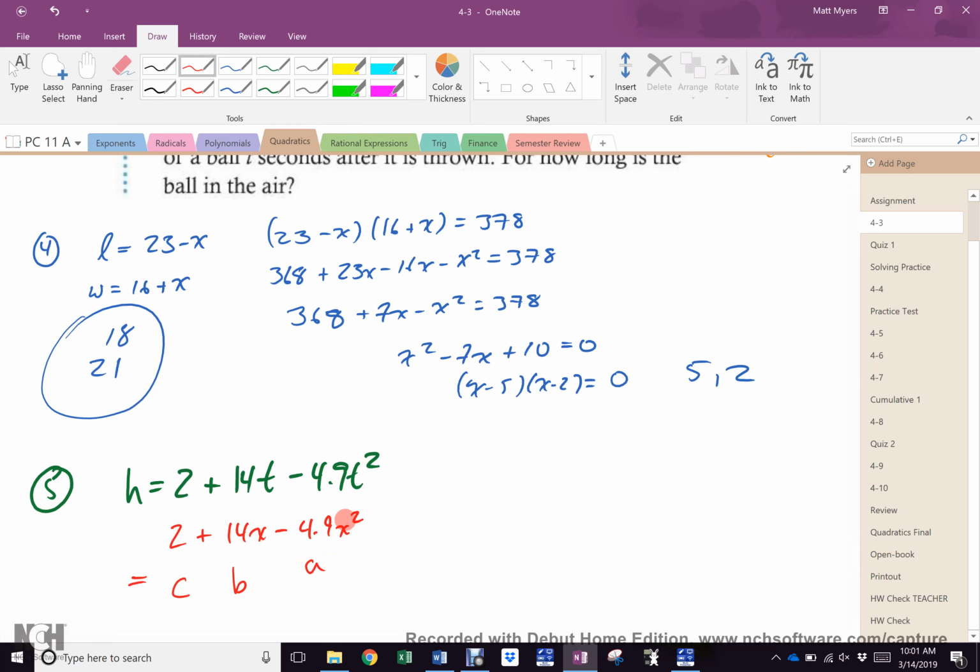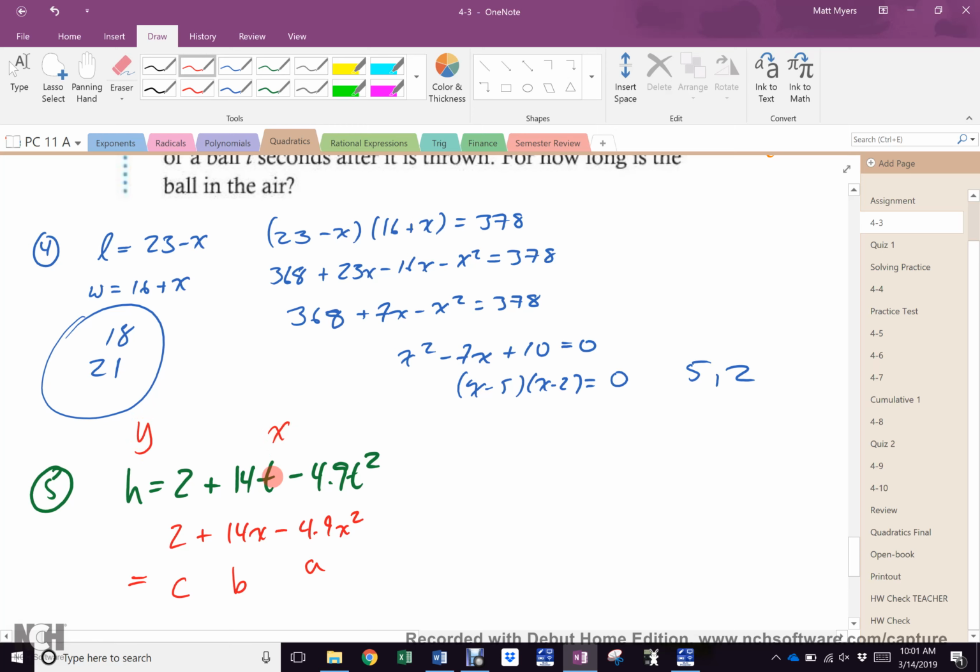28 of you were in my grade 10 class. Is X an input? Yes. And when I input X, what do I get? Once I do all this, what would I get? I would get an output. The output would be the Y value, right? So H is just what? A Y value.